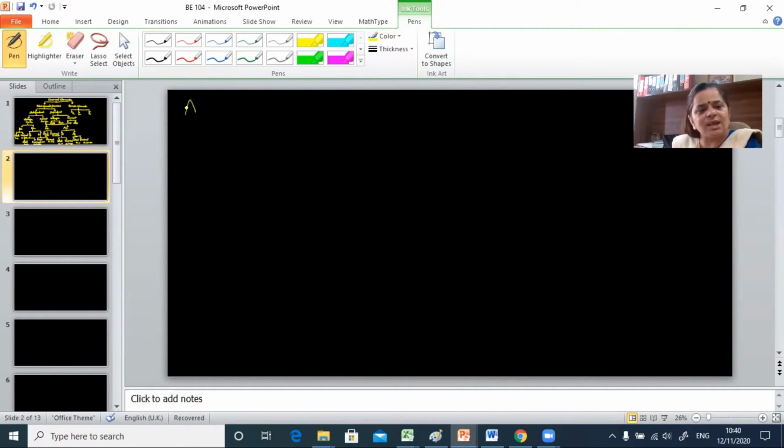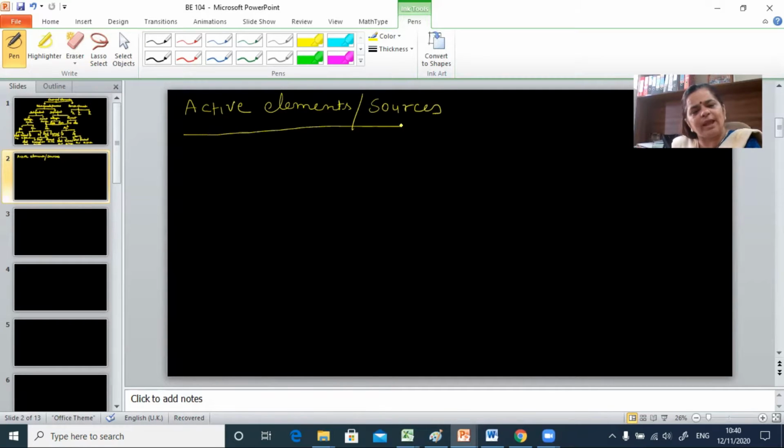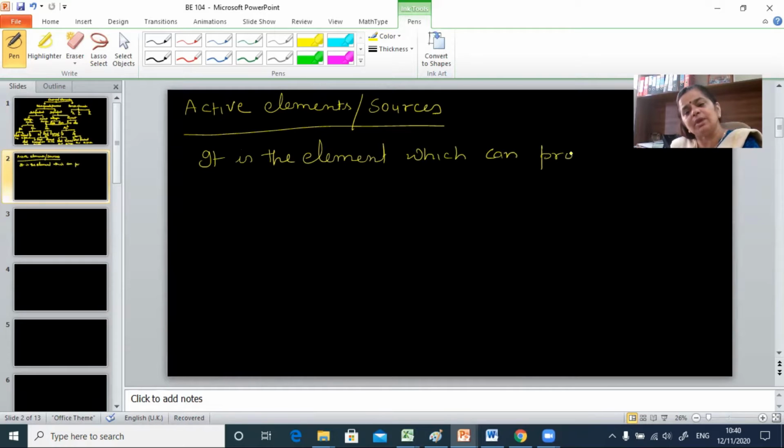The first thing is active elements, which are also called sources. We can explain it as the element which can provide some energy to the circuit.